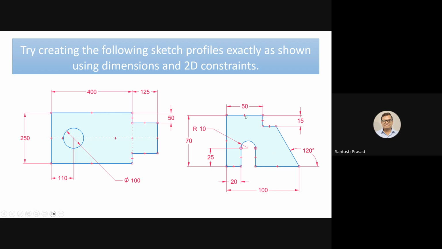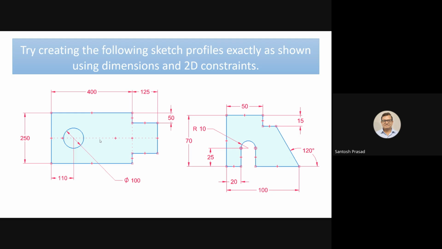Then you create and apply all the relationships, because the relationship is also important. If that relationship is not there and you're assuming the two circles are concentric, and you move one circle, the other circle remains there, so that is not correct, right? You have to apply the concentric relationship while creating the sketch.